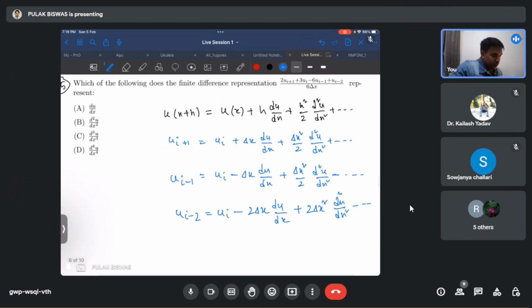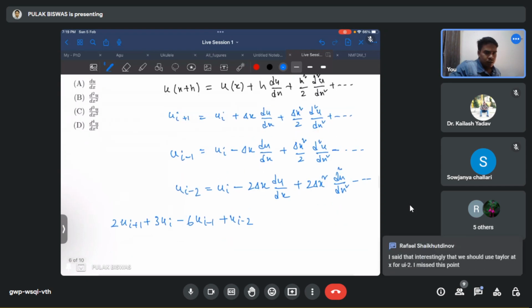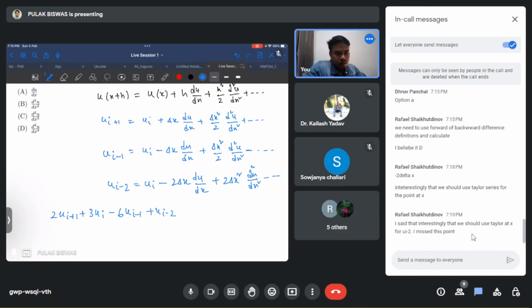So now if we add these things, 2 plus 1 plus 3 u i minus 6 u i minus 1 plus u i minus 2. We should use the Taylor series about x for u i minus 2.